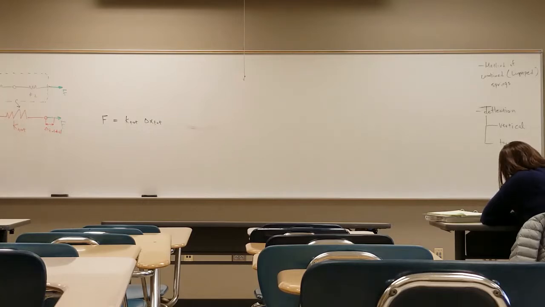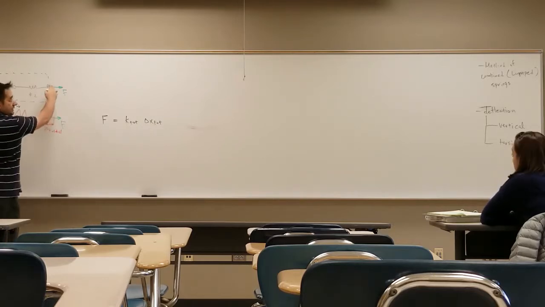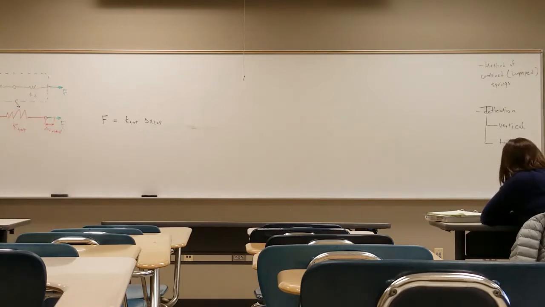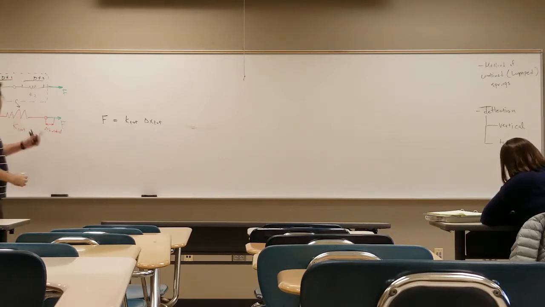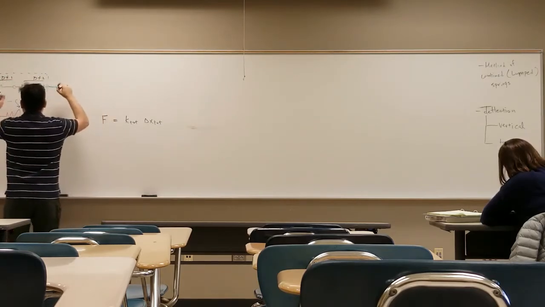Delta X total here is just the sum of each one of these springs, right? From here to here, for this one you have delta x2, for this one you have delta x1, right? So delta x1 is equal to what?